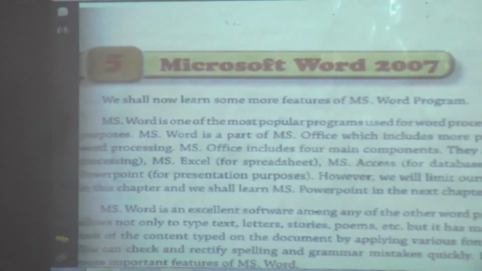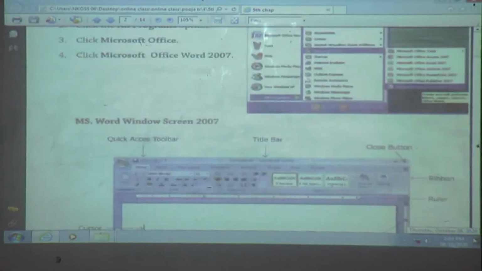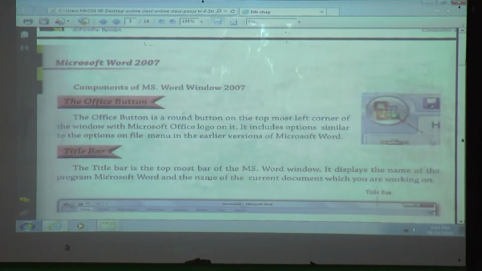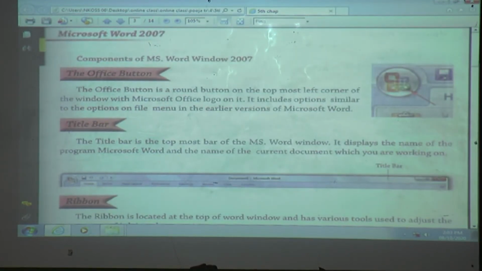Afterwards, we discussed components of Microsoft Word. In that, we discussed the Word button, Microsoft Word button and title bar. Remaining part we will see now. Word button or Office button. Afterwards, title bar.